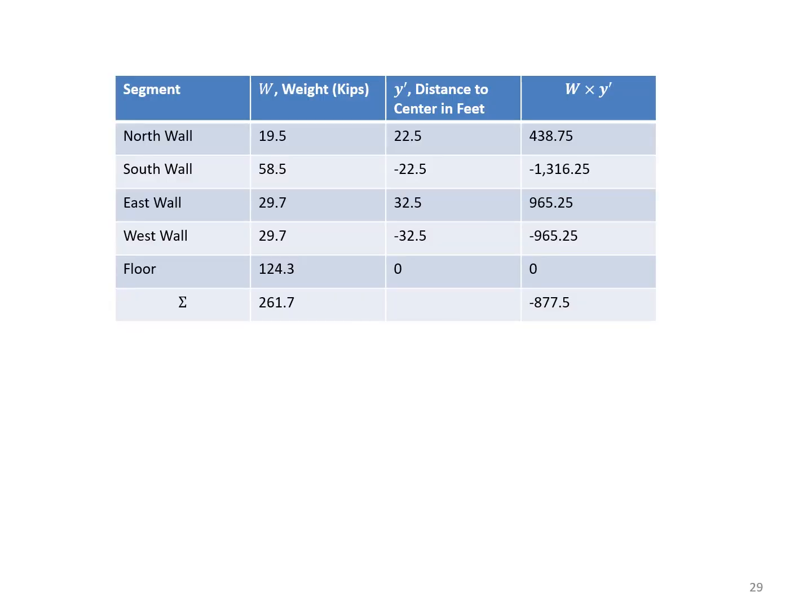So I want to put this in a table for clarity. So here is a table. In the first column, call it segment: north wall, south wall, east wall, west wall, floor, and summation. Do the weights, write all the weights we computed, corresponding distances, and do this product. You notice that some of these distances are numerically the same, but they have different signs, but carry it out throughout the calculation.